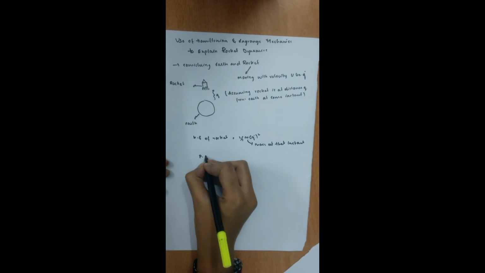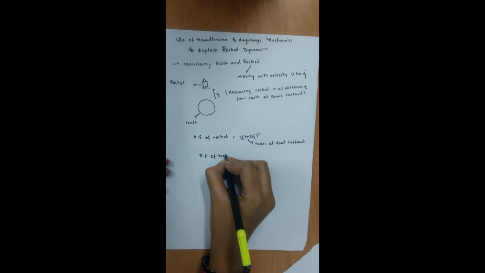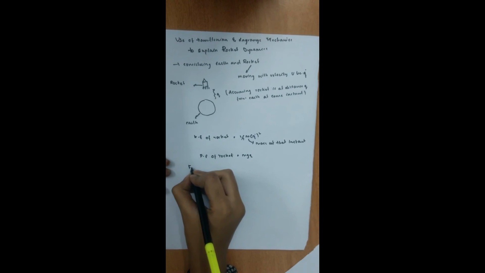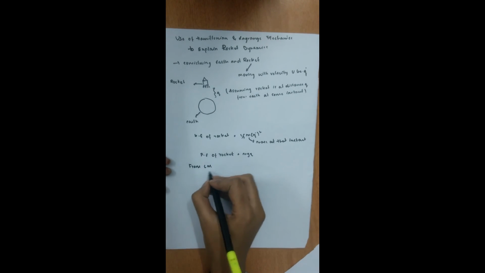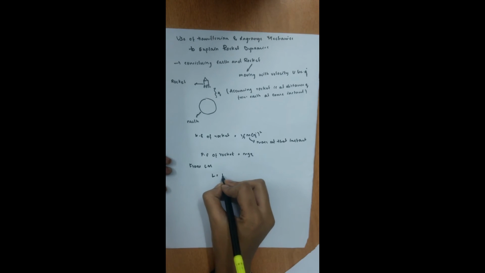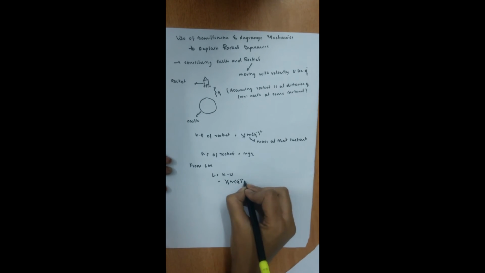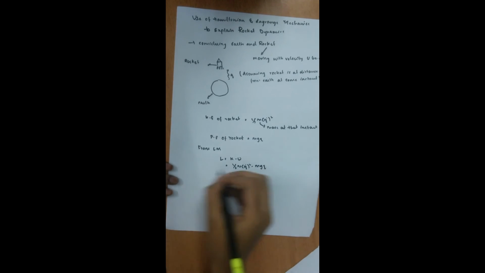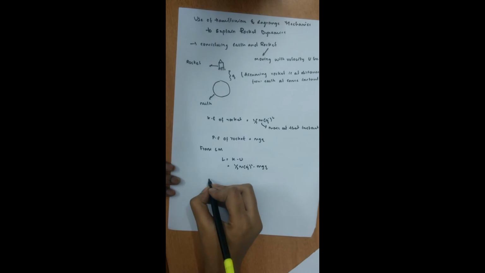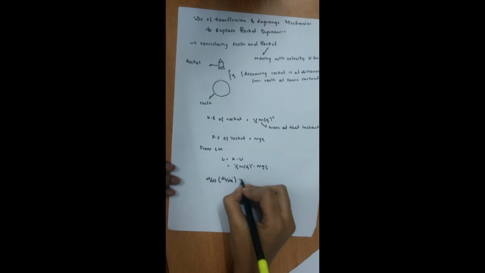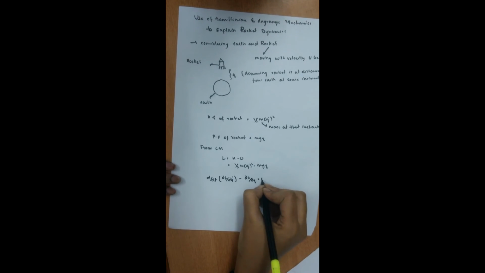And we also know that potential energy of the rocket would be mgq. And from Lagrange's mechanics, we know that L equal to K minus U, which is half m q dot square minus mgq. And we also know that d by dt of dou L by dou q dot minus dou L by dou q equal to 0.